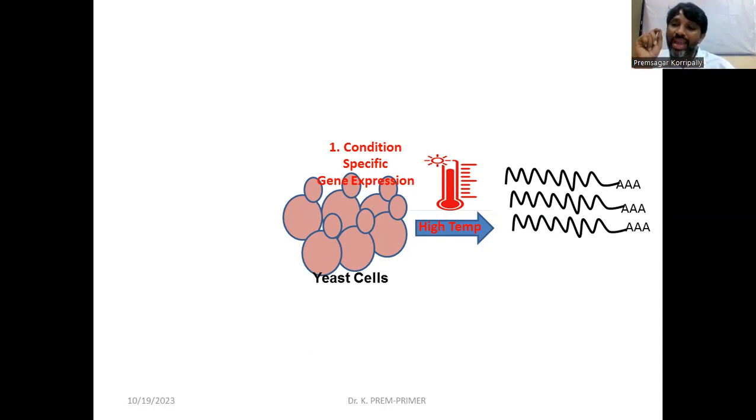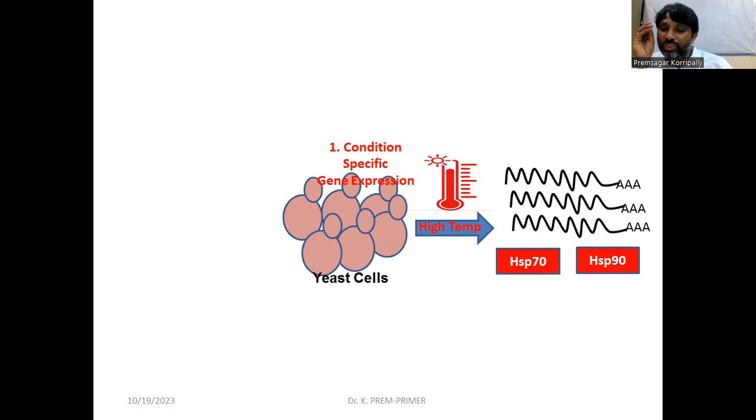They are called HSPs, heat shock proteins. Heat shock protein genes are expressed, and you get mRNAs, and that mRNA is converted to heat shock proteins. Simply, when you expose yeast cell culture to high temperature, immediately the HSP genes are transcribed, mRNAs are produced, and mRNA is converted into protein molecules. They are HSP70 or HSP90 or other HSPs.